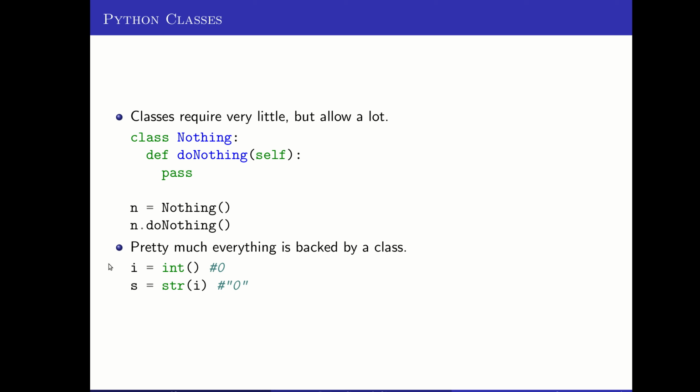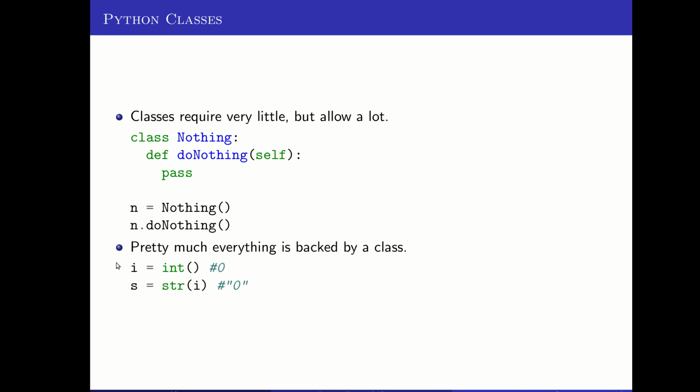And so here I've created an integer variable simply by saying I equals int. I could have said I equals 0, and it would similarly create an integer object that I can use in the background. It would take the 0 statement and create an integer object to point to for that.